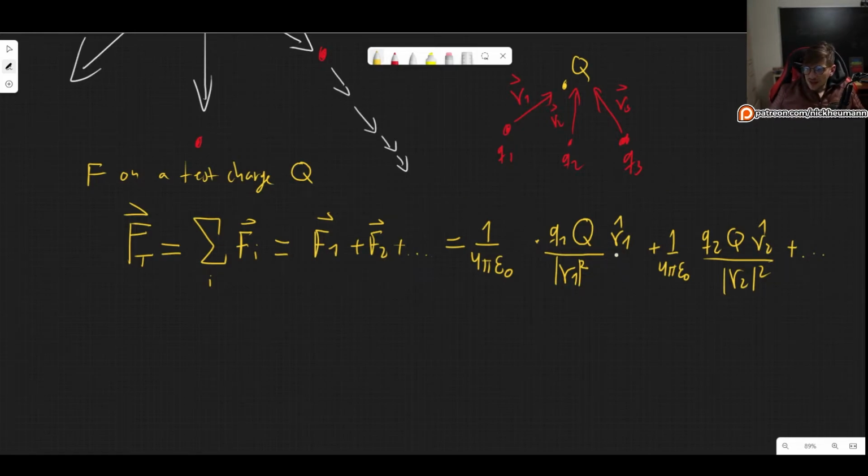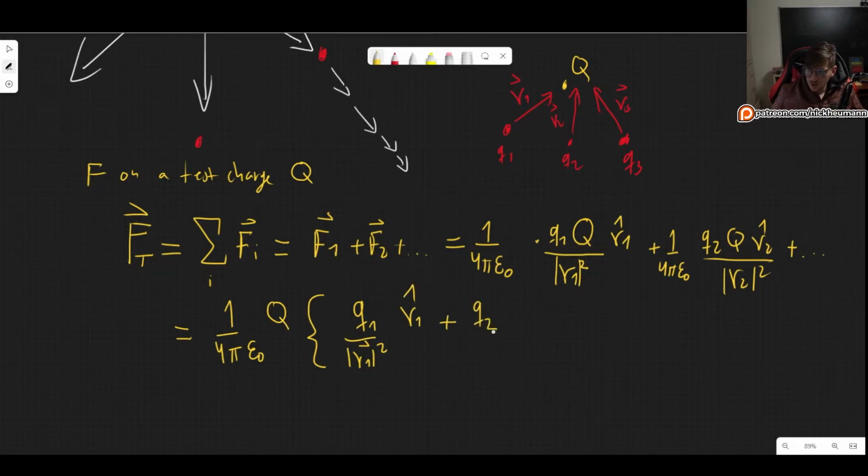Now notice that in every single case, we will have a factor of 1 over 4 pi epsilon 0 times Q, so we can factor that out. So we get 1 over 4 pi epsilon 0 times big Q, and then we have everything else: Q1 over the modulus of R1 squared times R1 hat, plus Q2 divided by the modulus of R2 squared times R2 hat, and so on.